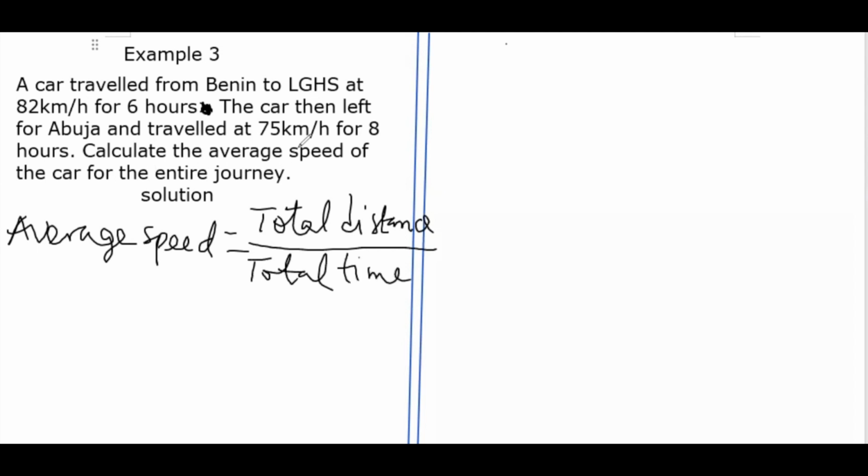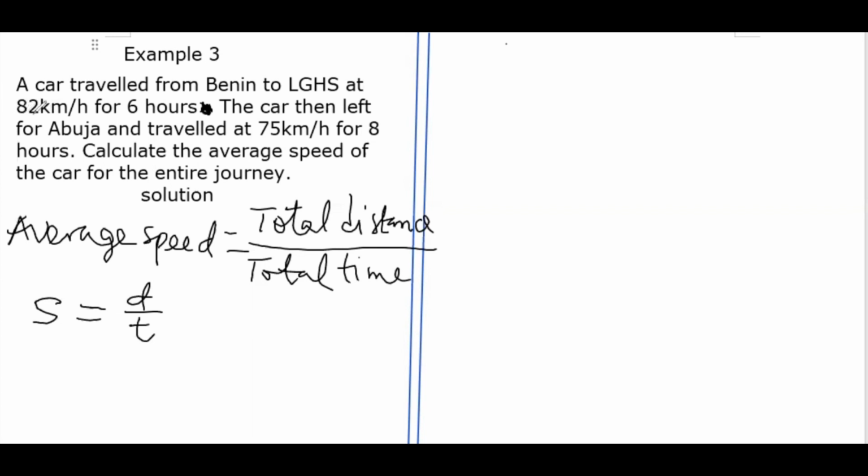So how can we get the total distance? Since nothing is said about the distance in our question, we simply say the formula that connects speed, distance, and time is speed equals distance over time.